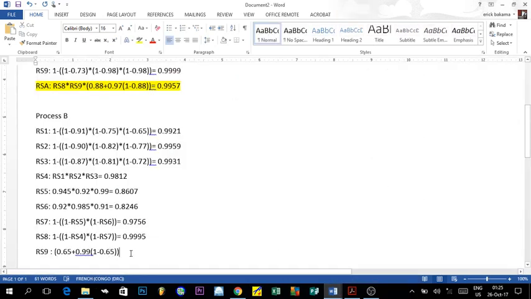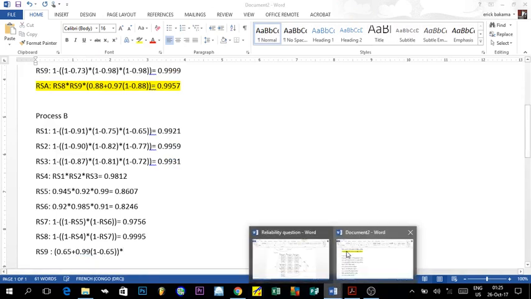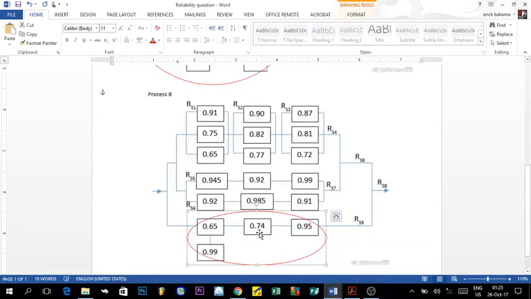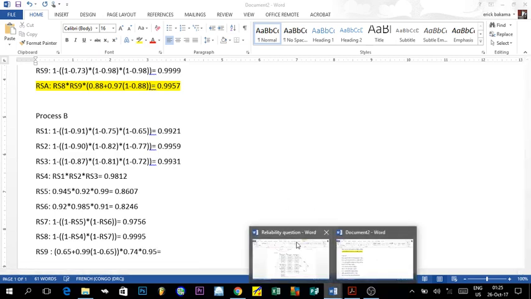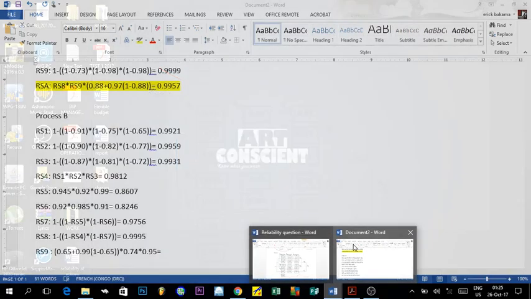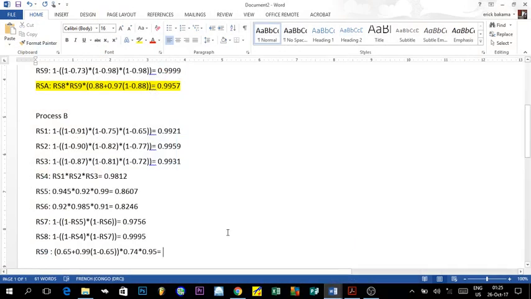You get your answer, times the value that you get here, which is 0.74 times 0.95, because they are in series. The value that you get is 0.7005.